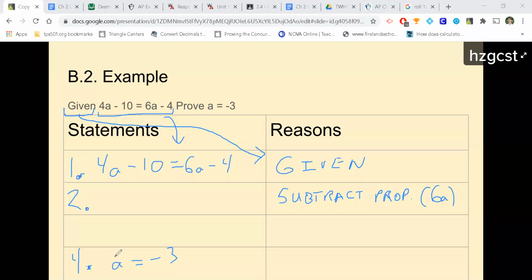If you do not do that, that is okay. All right, if I subtract 6a from both sides, 4a minus 6a is -2a. Minus 10 is equal to -4. If you subtracted the 4a instead, that would be okay, but then your a is going to be on the right, and you will have to do a fifth line.